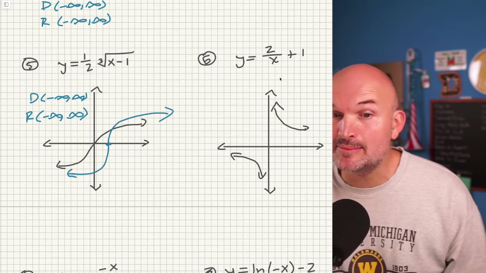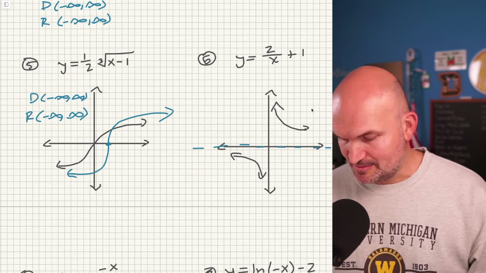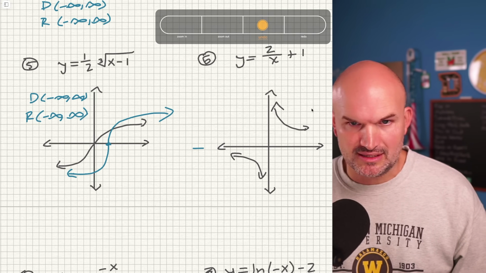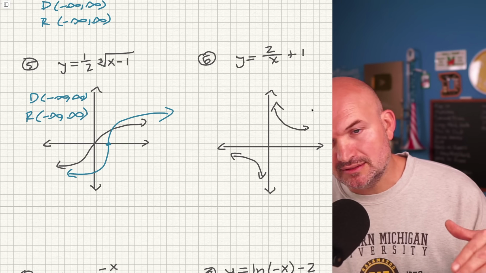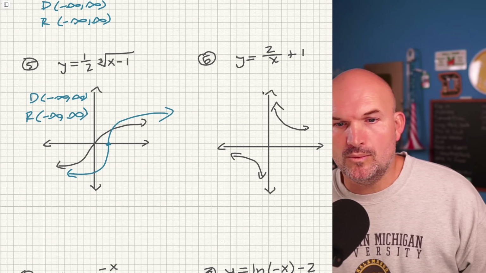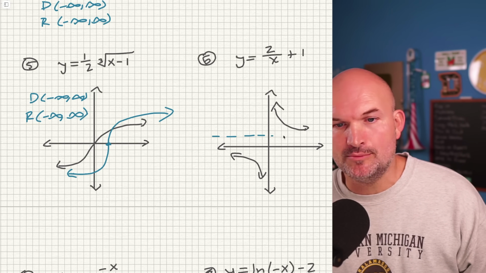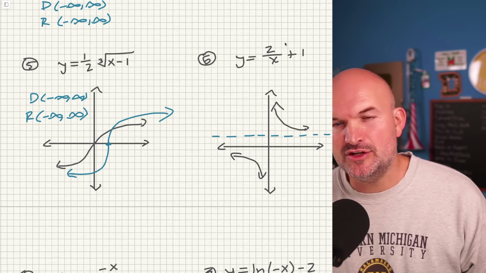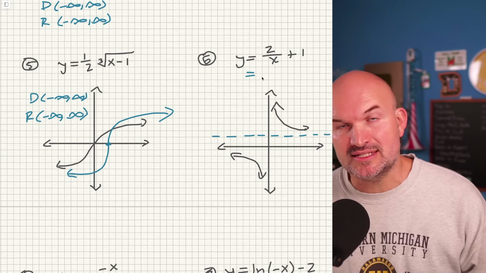What about when we have the reciprocal function? Now, it's important to recognize that the reciprocal function has a vertical asymptote at x equals 0 and a horizontal asymptote at y equals 0. So when I shift this up 1 unit, what that means is my asymptote is going to be shifted up 1 unit. And then you can see there's a 2 here. Now, the reciprocal function is interesting because it's an odd function.